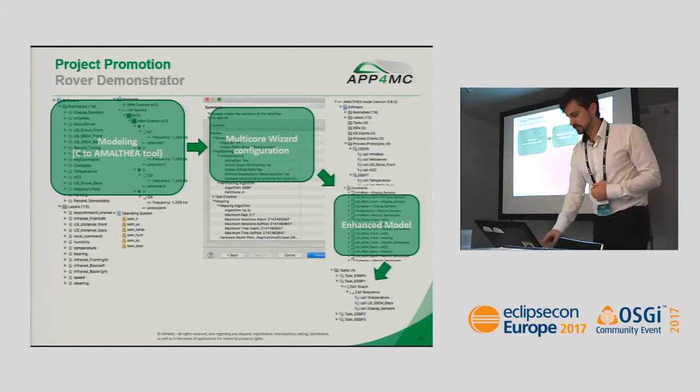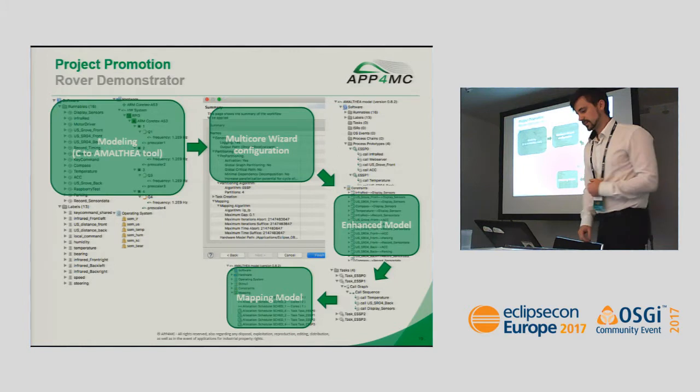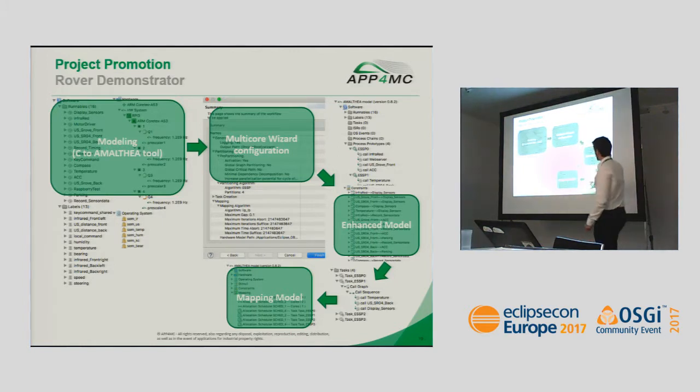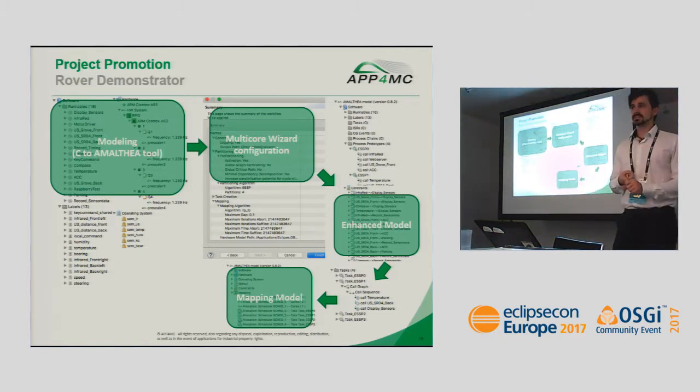Afterwards the tasks are generated, and when the mapping is performed automatically, you get this allocation where, if you use it on your system, the deadlines are not missed. If they are missed, the user gets information about that, and the load is balanced depending on the different optimization goals that you can configure during the multicore wizard configuration process.